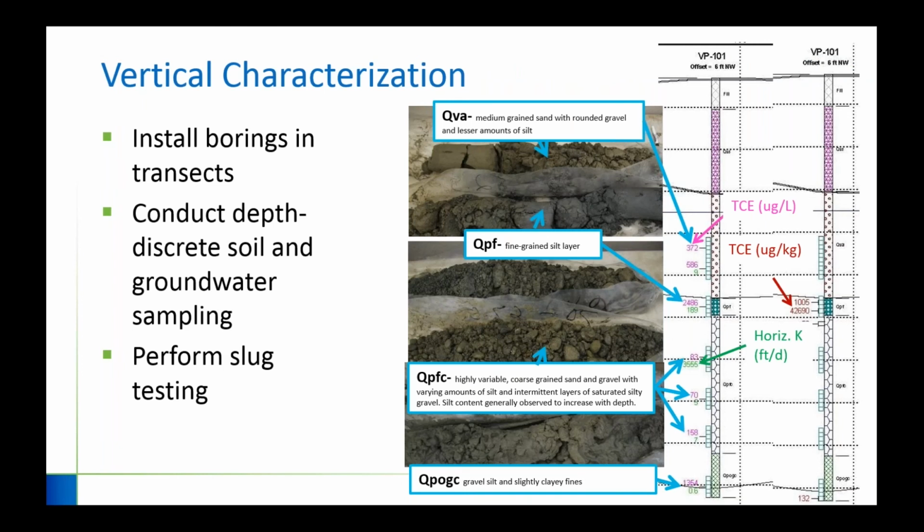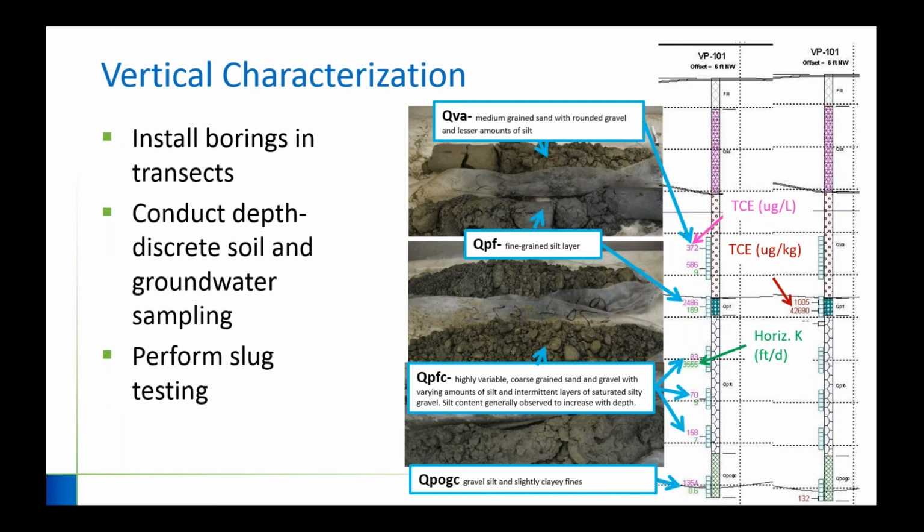This is just some photos of the different stratigraphies on the way down through one of these vertical profiles. This is kind of hard to see, but there is TCE in several hundred micrograms per liter. And by the way, I've added these slides in, so if you printed them out from the website, these next 4 to 5 slides aren't in there, but they'll be in a new version if you go back to the link.